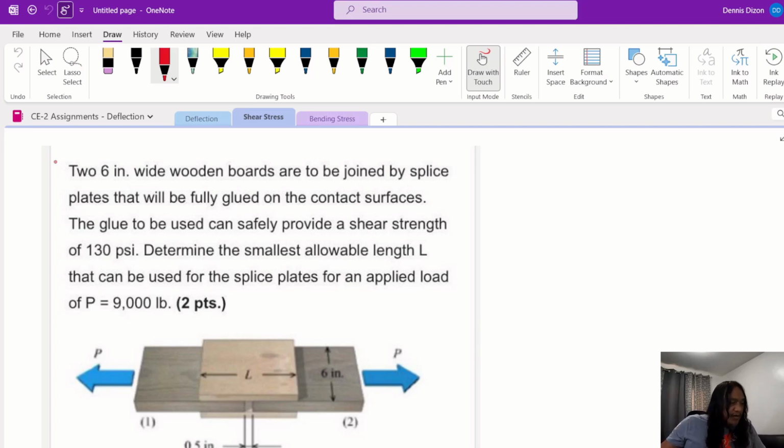Determine the smallest allowable length L that can be used for the splice plates for an applied load of 9,000 pounds. And this question is good for 2 points.